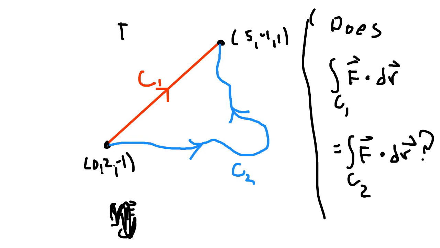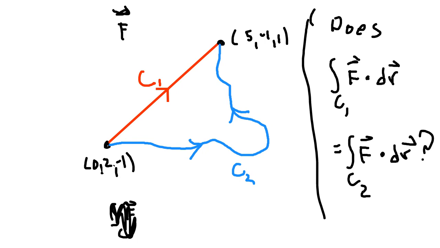Okay, you know, there's a vector field F acting here. So in other words, does the work that the force field does in moving the particle along that C1 path equal the work that the vector field does in moving the particle along that other path C2?